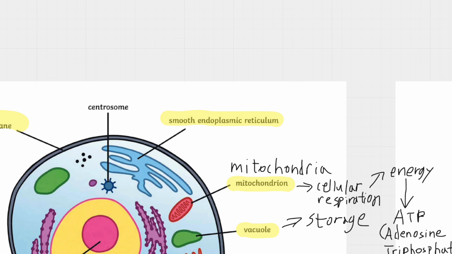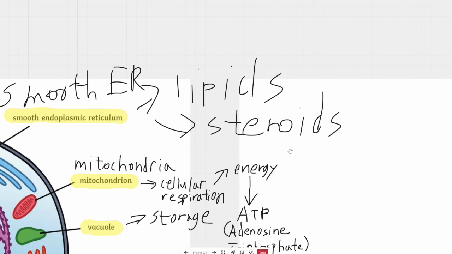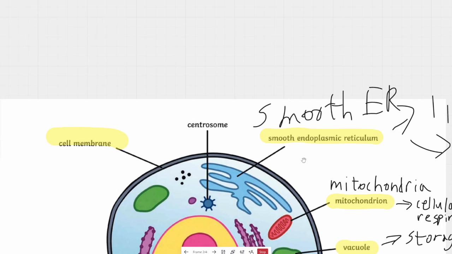It produces lipids and also steroids. Now, last but not least, centrosomes. They organize the microtubules. The microtubules are used to duplicate before cell division. It also plays an important role in regulating some cellular functions.